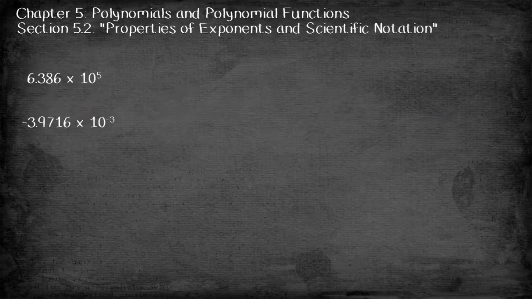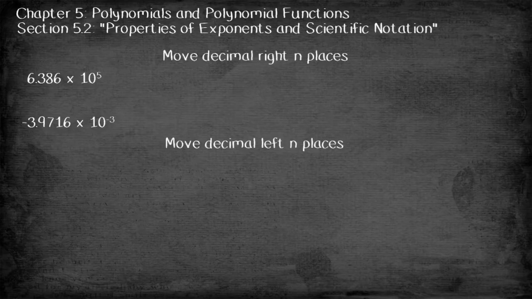Say we want to go the other direction, from scientific notation to our standard decimal notation. To do that, when you see a positive power, you want to move the decimal right n places, and move the decimal left n places when you see a negative. So this is opposite of what we were doing when we converted from decimal notation to scientific notation.